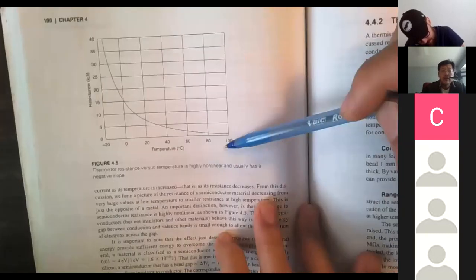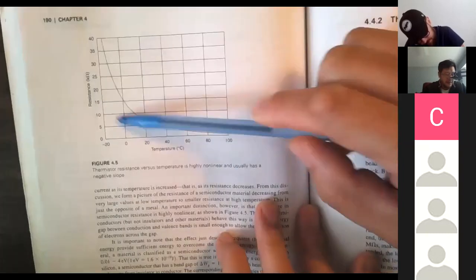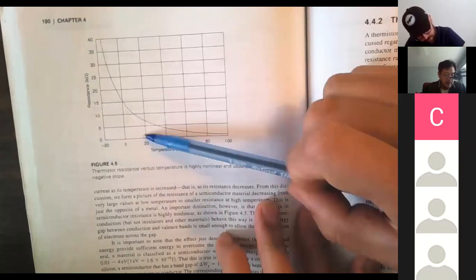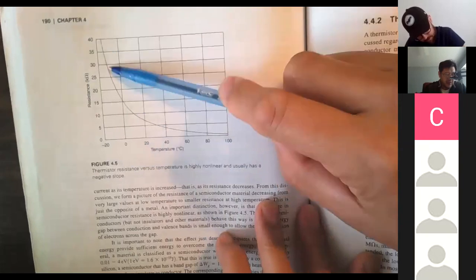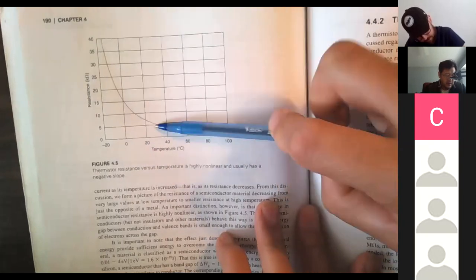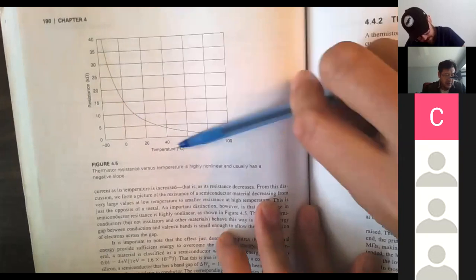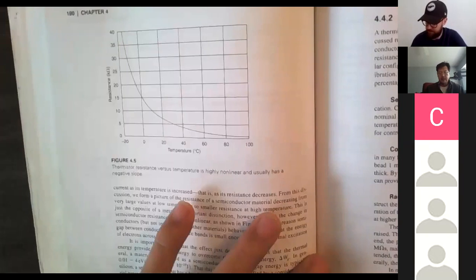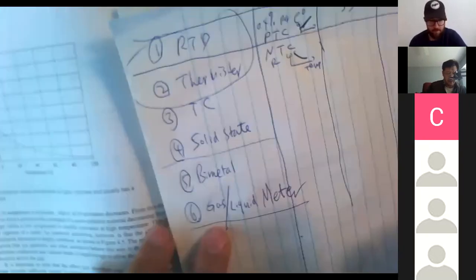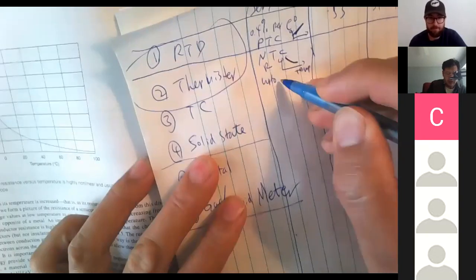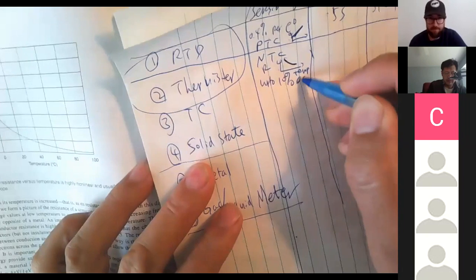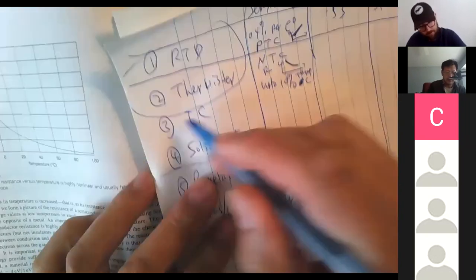The vertical is resistance, the horizontal will be your temperature. And notice how sharply the resistance drops as the temperature rises. So first thing is sensitivity. Up to 10% per degree. 10% per degree.